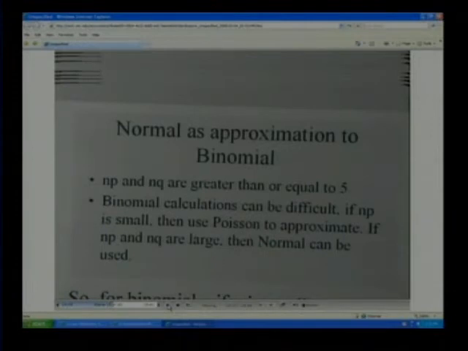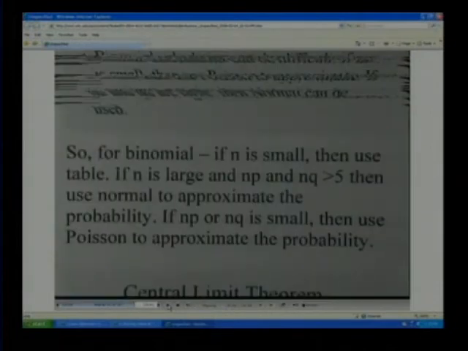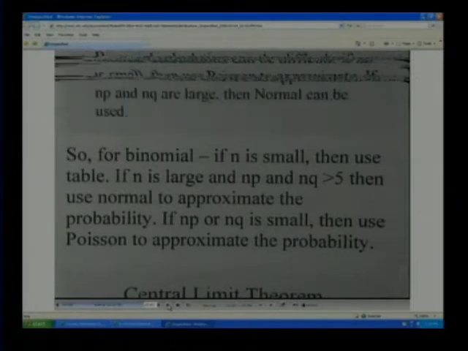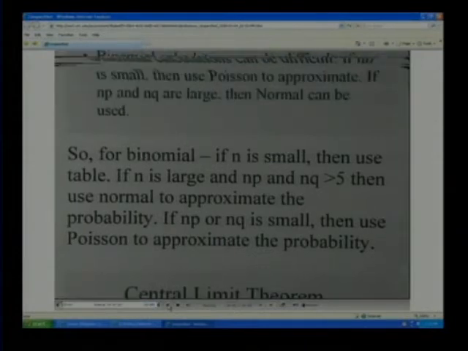Again, the binomial calculations can be difficult, so we want to use some approximation, either the Poisson or the normal. So, bottom line, for the binomial, if n is small, N less than 15, use the table. If n is large, and NP and NQ are greater than 5, then use the normal to approximate the probability. If NP or NQ is small, then we use the Poisson to approximate the probability. So you can see how these fit together.